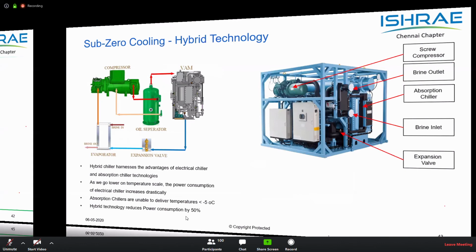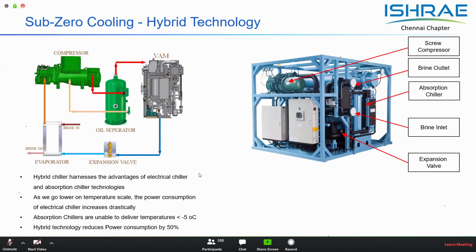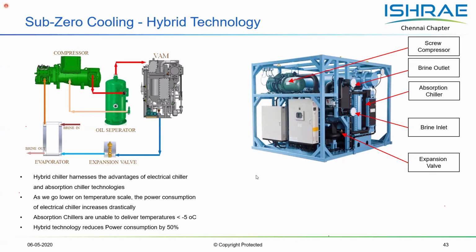Okay, another possibility with the absorption technology is combining it with compression technology. This is called a hybrid chiller, wherein you have a compressor and you have an absorption unit, wherein we can generate low temperatures using the compressor, and we use VAM as the heat rejection media for the compression unit.